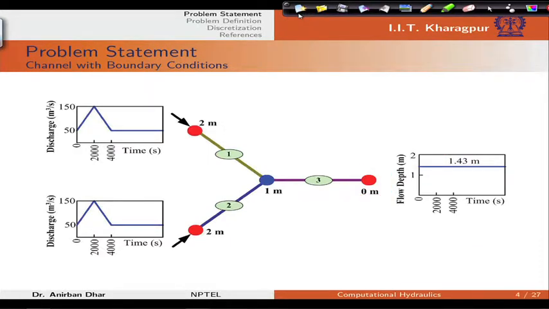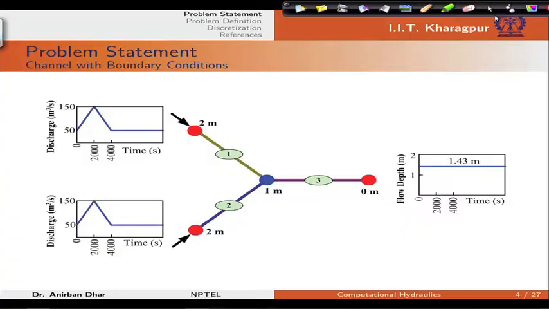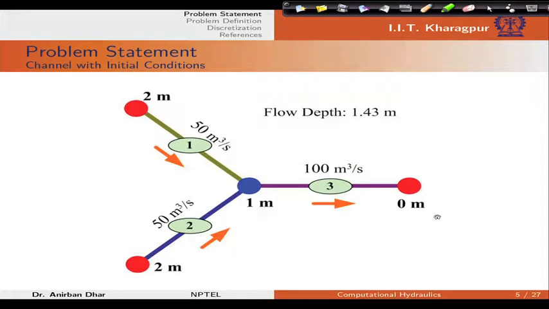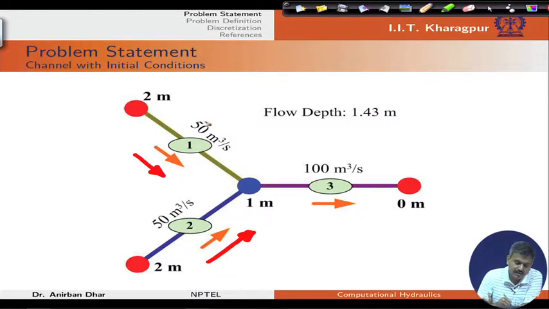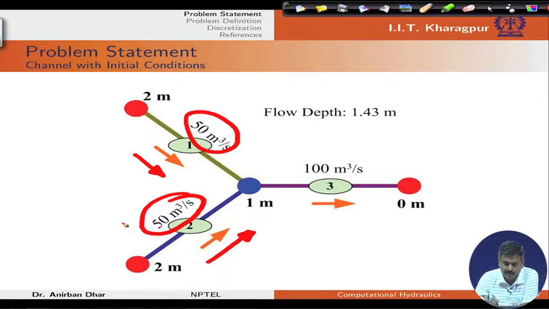So, for solution as I have already told, we need the specification of initial condition. So, for this problem, with these 3 channels, let us say we have a positive flow direction, this is our positive flow direction, this is our positive flow direction, this is 50 meter cube per second, this is 50 meter cube per second.